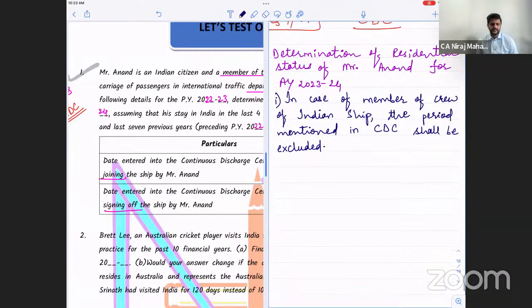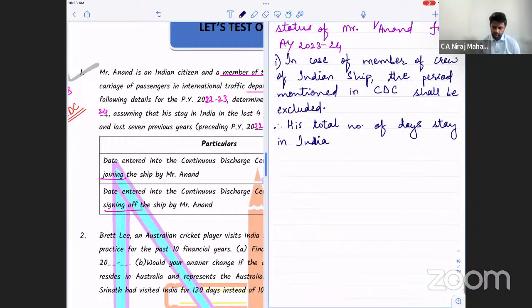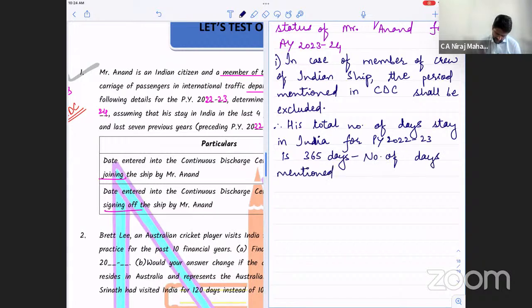Clear? Next line. Therefore, his total number of days of stay in India for PY 22-23 is 365 days minus the number of days mentioned in CDC.